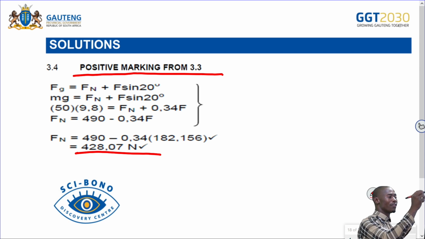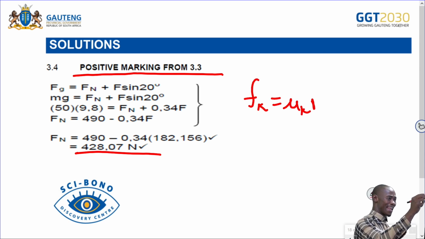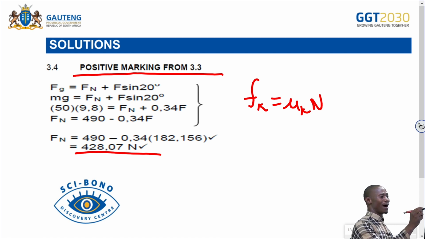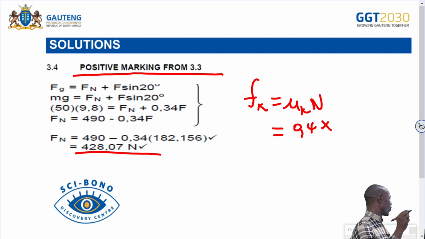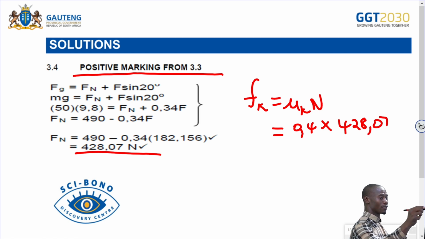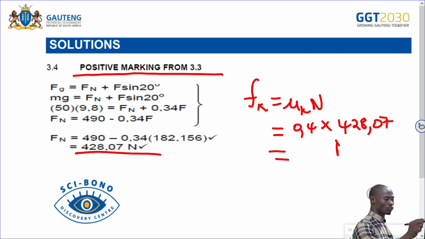So we know that Fk is given by mu k N, right? What is our mu k? 0.4. What is the normal force? The normal force is 428.07.